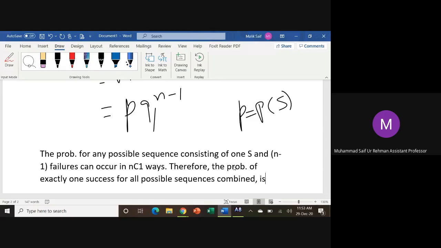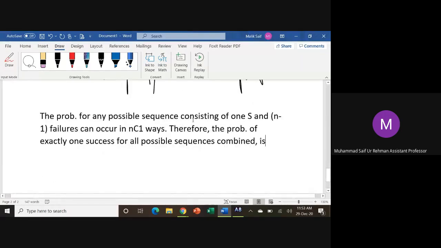So basically what this statement is explaining: any possible sequence consisting of one success and n minus 1 failures can occur in NC1 ways, the combination formula. Recall the counting principles.